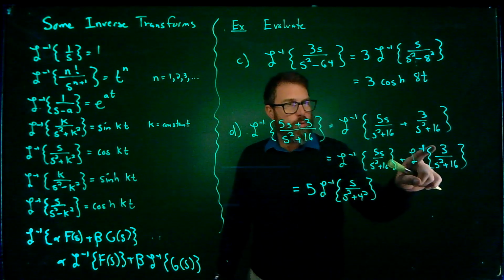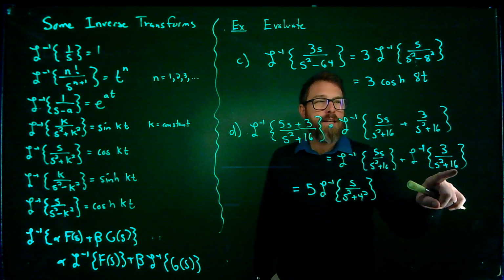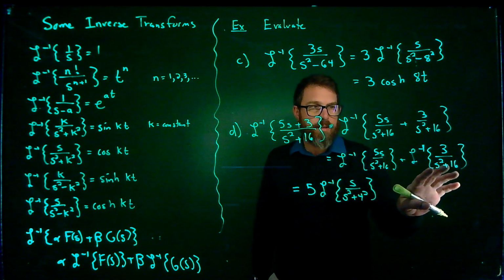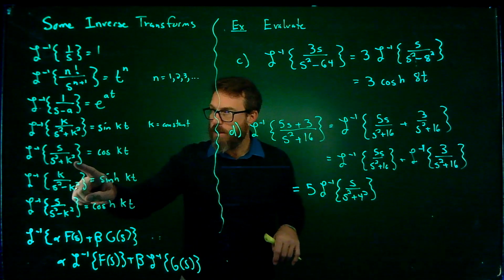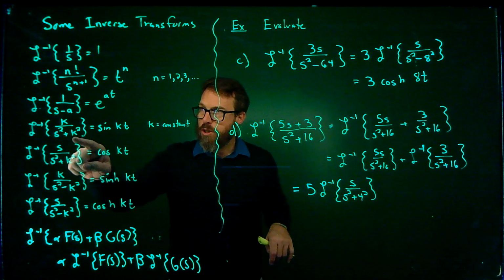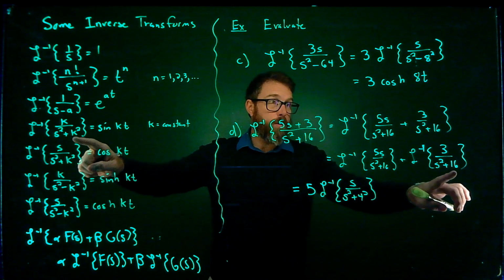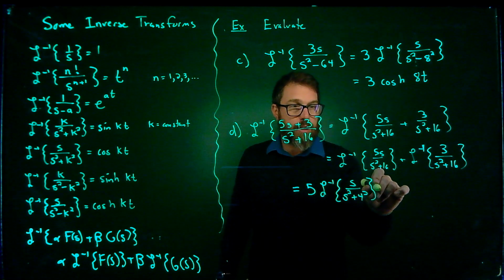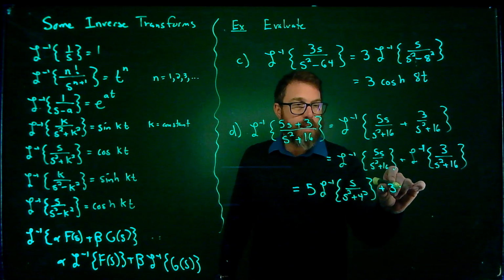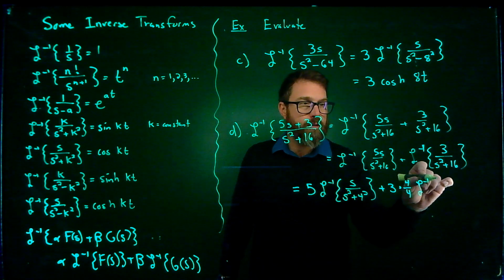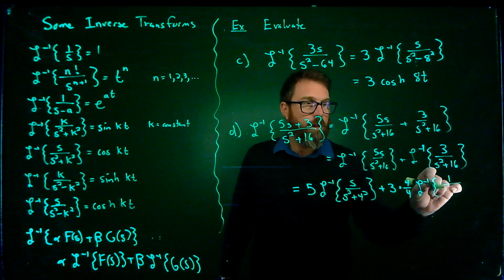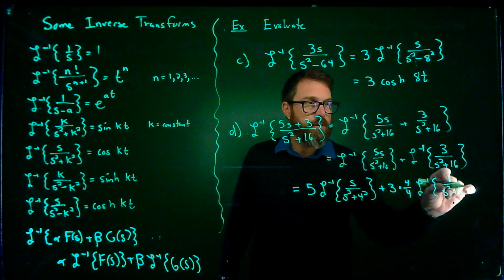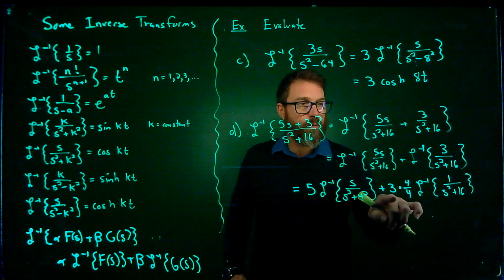But for this one, if this is a constant up here, it looks like this one. So I need there to be a 4 in the numerator because this is 4 squared. So what I'm going to do here is pull out that 3, and then multiply by 4 over 4 times the Laplace inverse of 1 all over s squared plus 16. 1, because I pulled the 3 out.